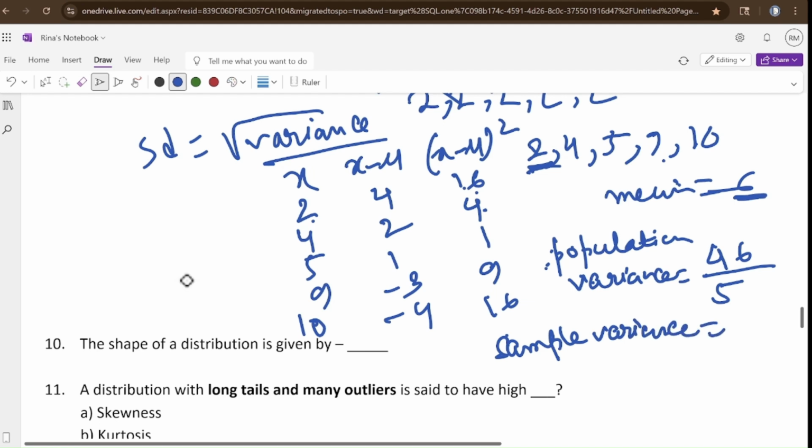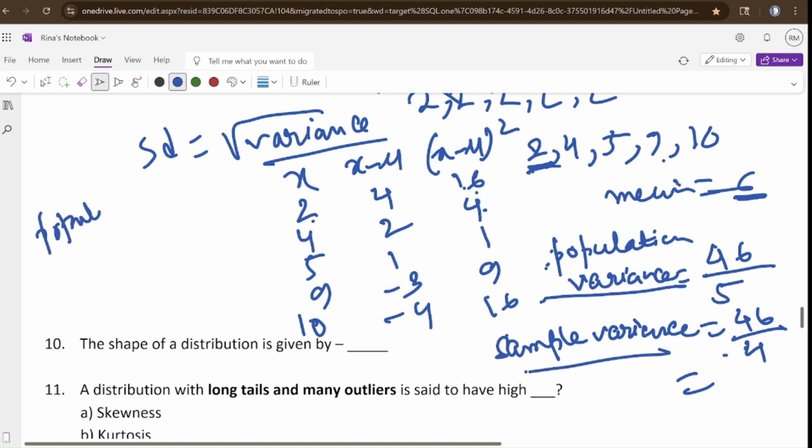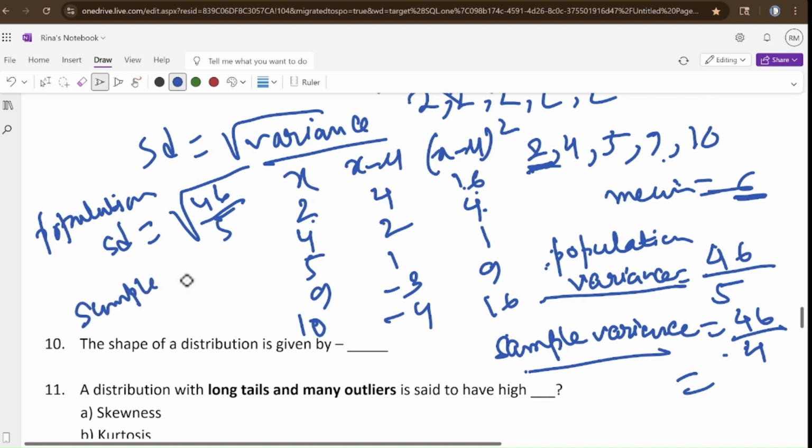You have to add all the numbers, but divide by n minus 1. So 5 minus 1, that is 4. Whatever the answer is, that is sample variance. Now once you get population variance and sample variance, you can calculate population SD, that is population standard deviation, root over of this number, and sample standard deviation by root over of this number.